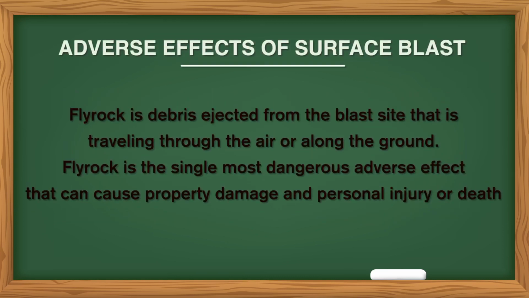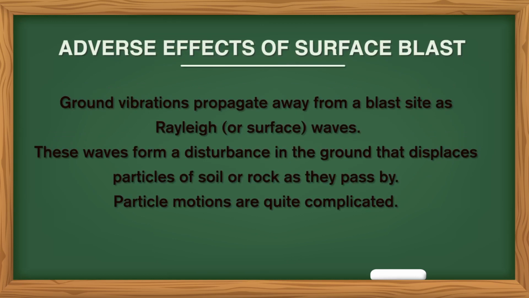Fly rock is debris ejected from the blast site that is traveling through the air or along the ground. Fly rock is the single most dangerous adverse effect that can cause property damage and personal injury or death. Ground vibration propagates away from a blast site as Rayleigh or surface waves. This wave forms a disturbance in the ground that displaces particles of soil or rock as they pass by.